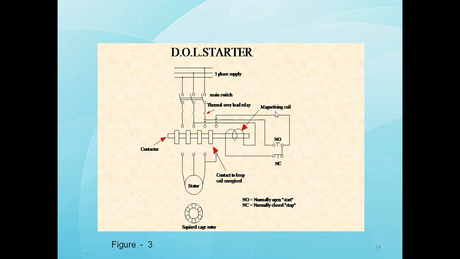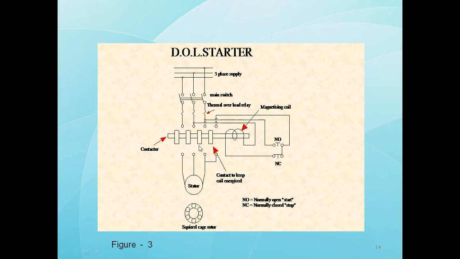Here, the magnetic coil becomes energized through the off switch and overload relay, and its open contacts are closed. All these contacts will be closed. So then what happens when these are closed?